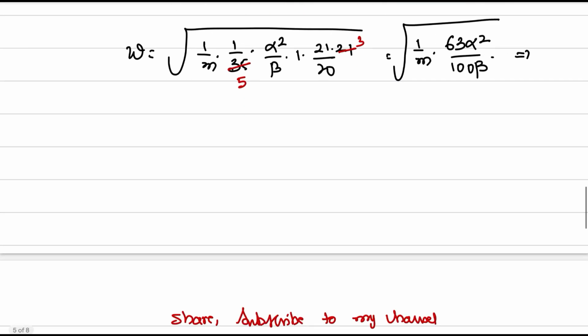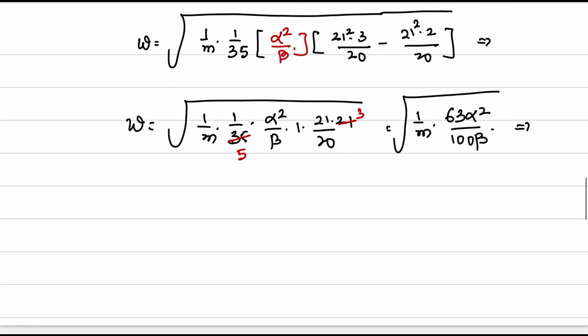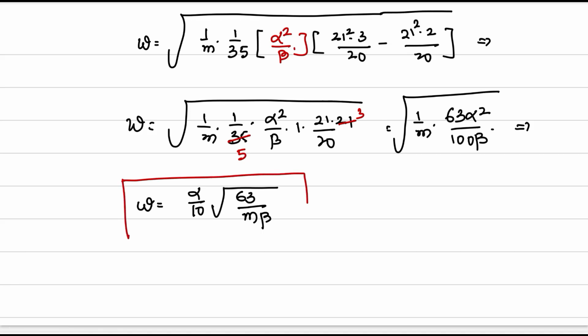That implies omega is equal to, we will take out 100 also out of the square root and alpha square also out of the square root. Then alpha by 10, square root of 100 is 10, into square root of 63 by m into beta. This is the answer.